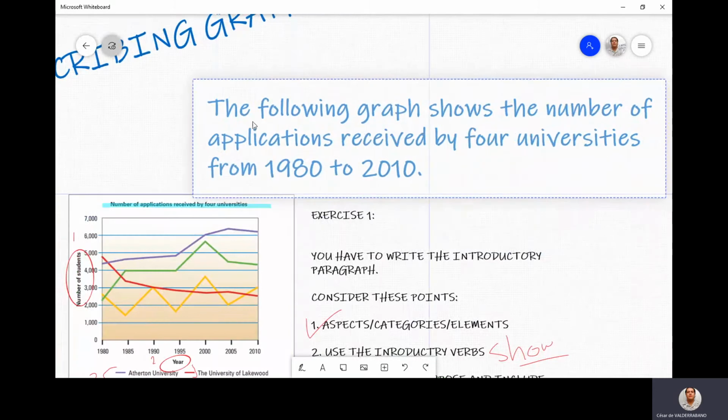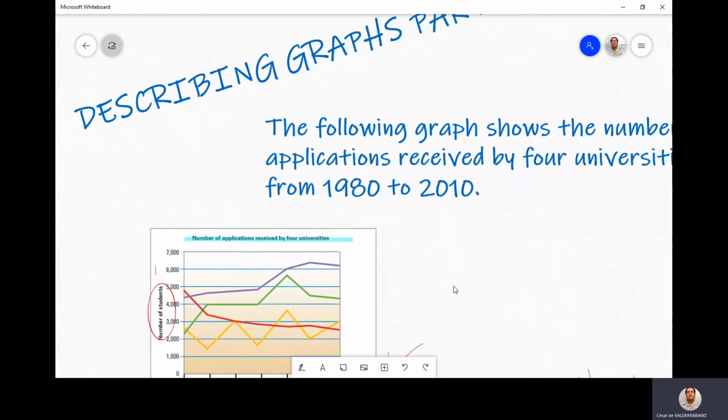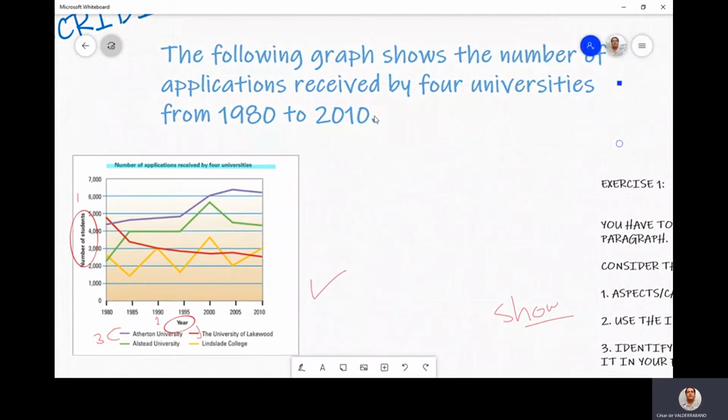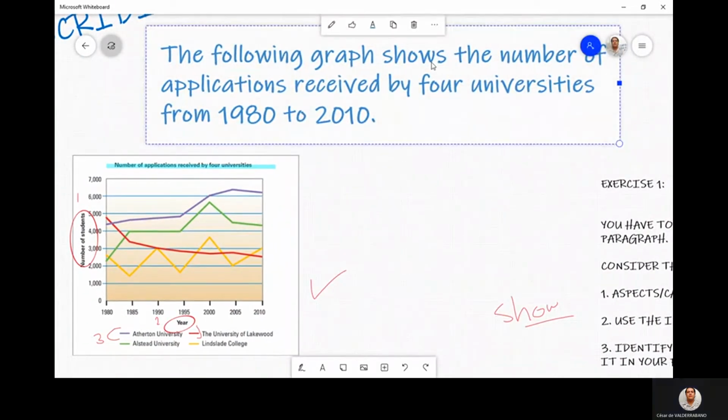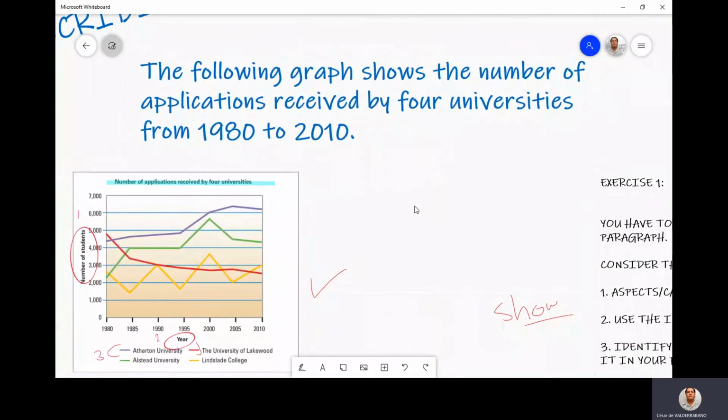Of course, you can change the introductory verb. For example, here I am using show. You can use provides data, or you can say compare. We have many possibilities.